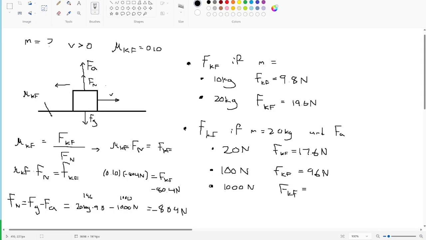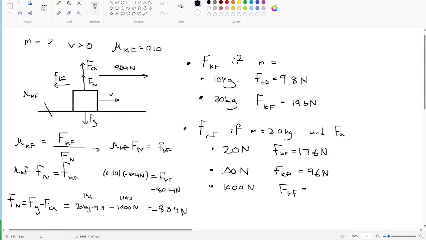If it's moving this way, the force of kinetic friction applies this way, opposite of the motion. And because it's negative, the 804 newtons will be going this way. So in other words, because we lifted it up with 1,000 newtons of force, we have 804 newtons going in the same direction as the block is going.